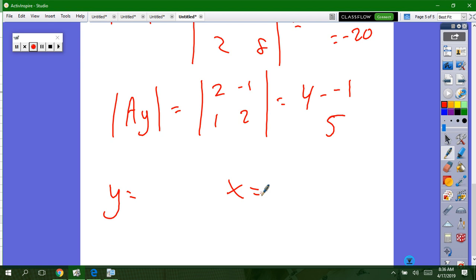Well, y is determinant of Ay over determinant of A. What was determinant of Ay? What was the number we received? 5 over 10, so therefore y is 1/2.